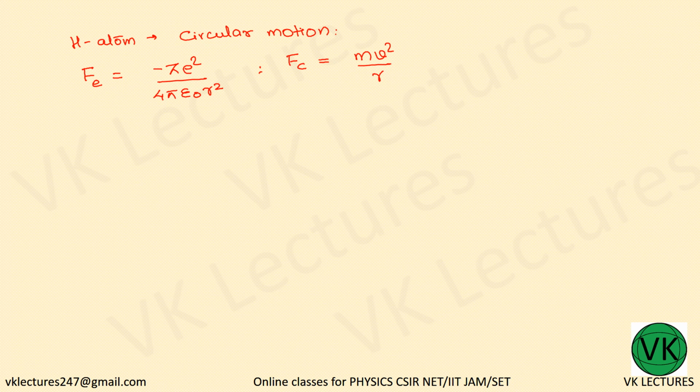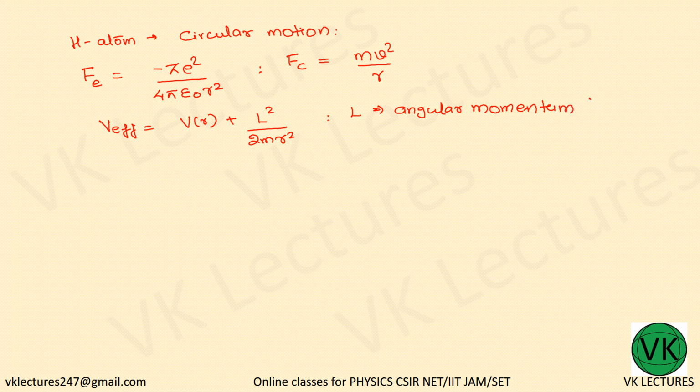And V effective is equal to V of r plus L squared by 2 m r squared. Now this L is nothing but the angular momentum. Earlier we used the capital letter J to represent the angular momentum.